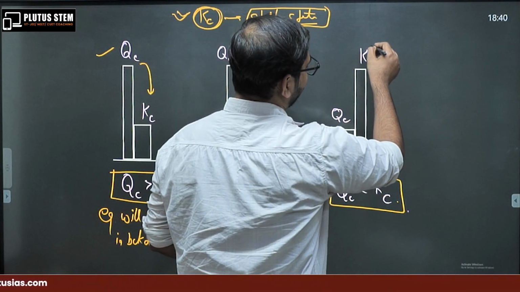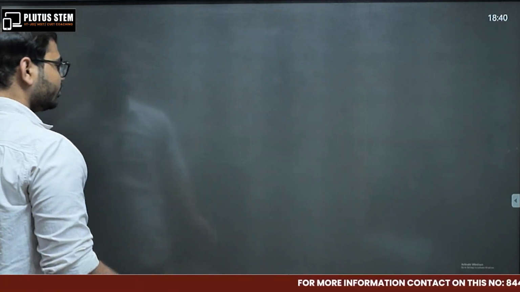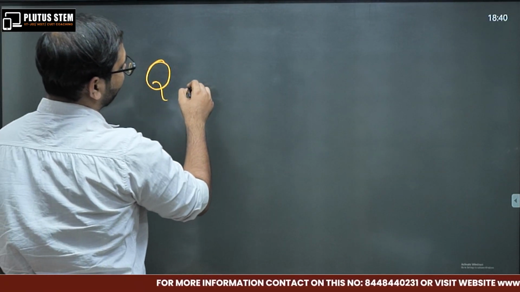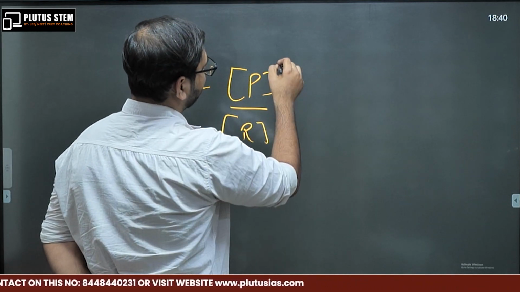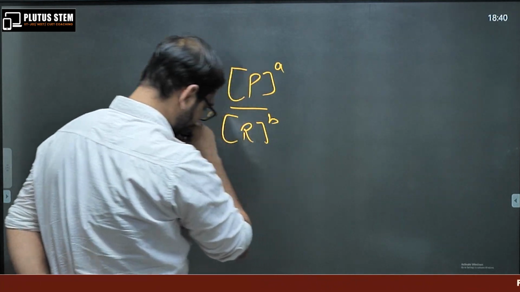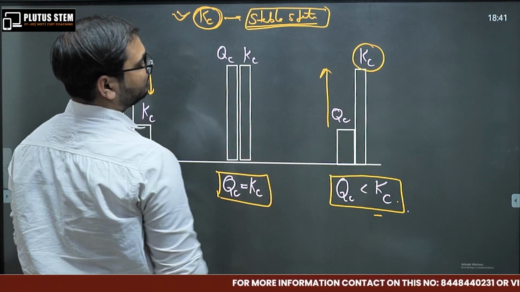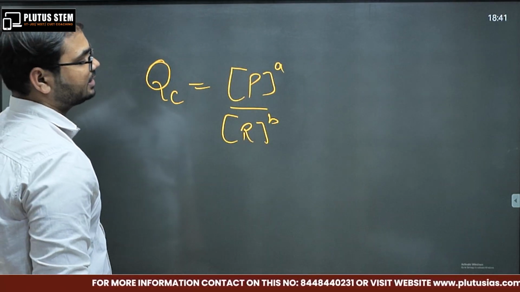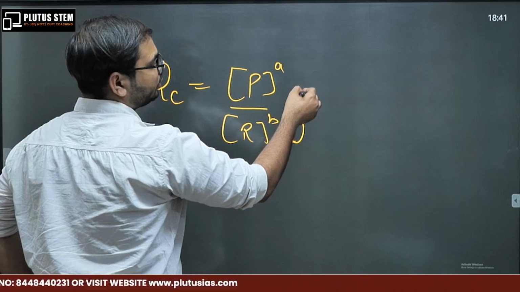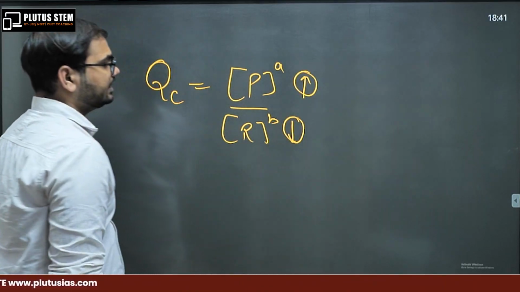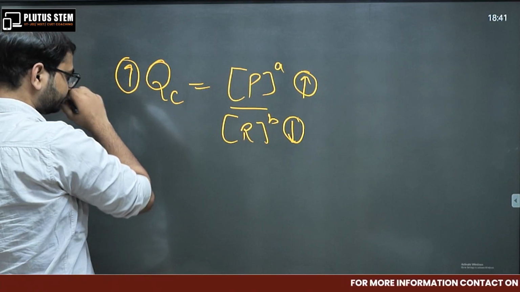Then in the third case, you have Kc much greater in value than your Qc. Using the same notion, Qc is concentration of products divided by concentration of reactants, raised to their stoichiometry. In this case, Qc needs to increase its value so that it can reach the optimal state. That can be achieved when the denominator value falls or the numerator value increases. These are the only two ways in which the value of Qc can increase.